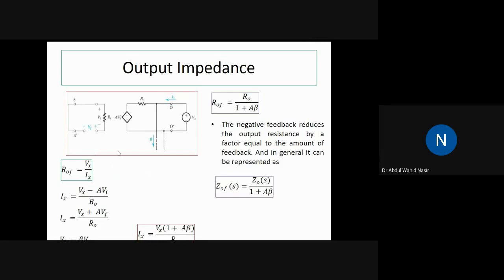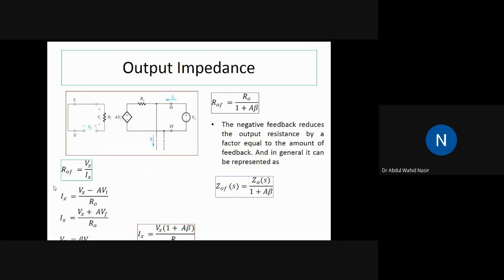Now, if you write a KVL in this loop, what equation will you get? You will get Vx minus Ix into R naught minus A Vi is equal to 0, or you will get Ix into R naught is equal to Vx minus A into Vi, or you can find Ix is equal to Vx minus A Vi by R naught.